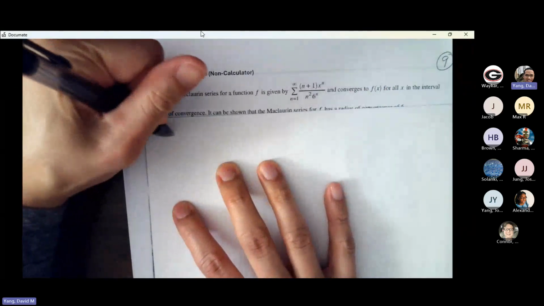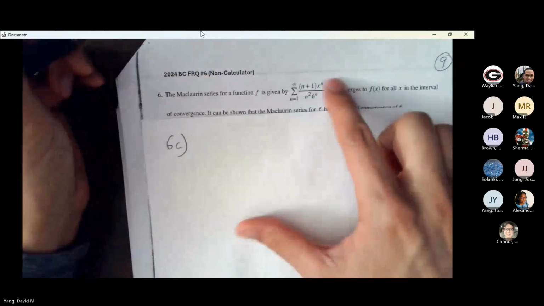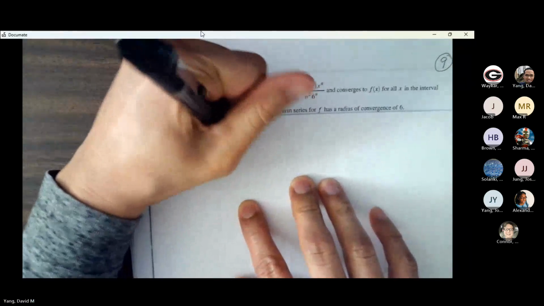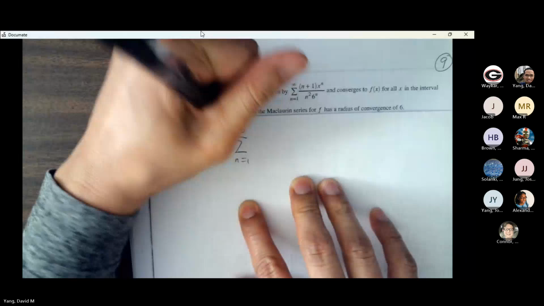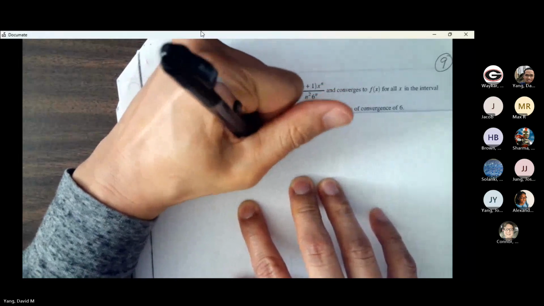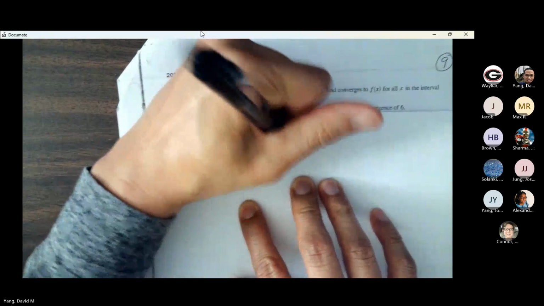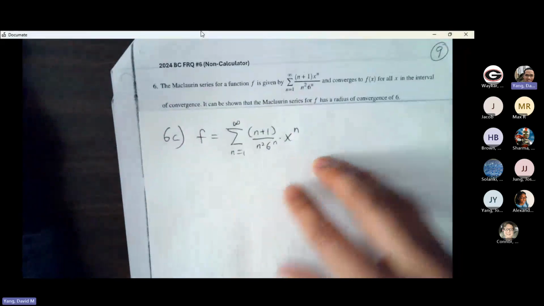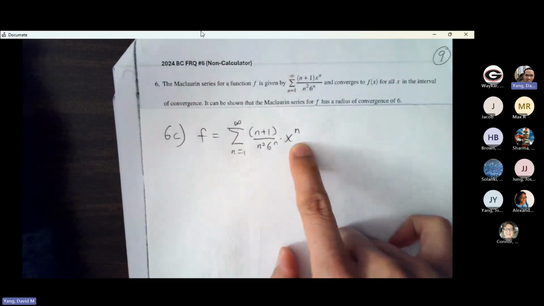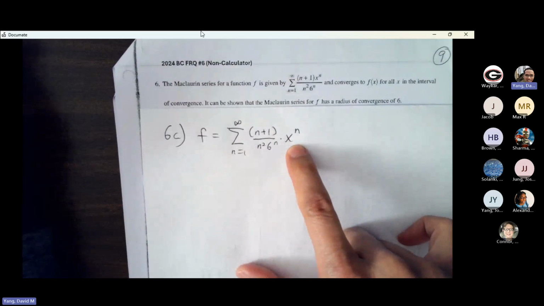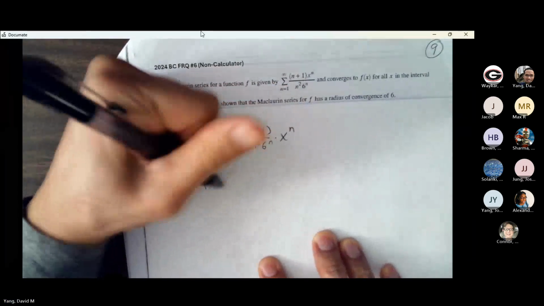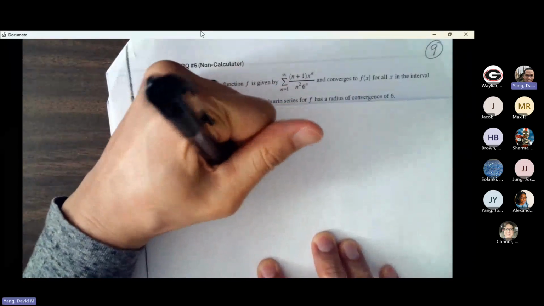Sure. So this is part C. This is my f. I'm just going to separate it this way so that it makes it a little bit easier to see that this is just coefficient, and that's really the function that I'm finding the derivative for. So my derivative is just going to be, my coefficient is going to stay.